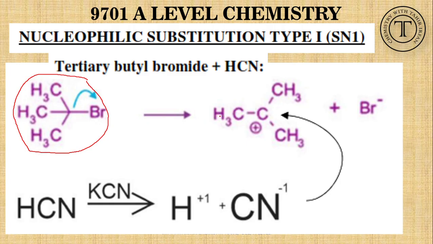and in the first step this bromine atom is getting ionized, as you can see from here, and you can see a positive charge remains.